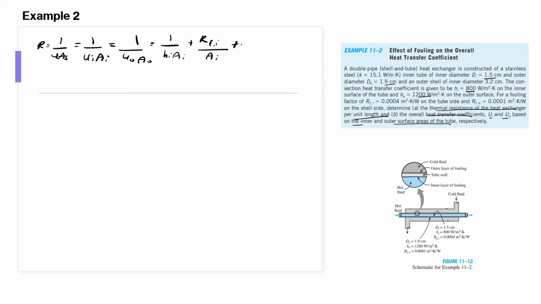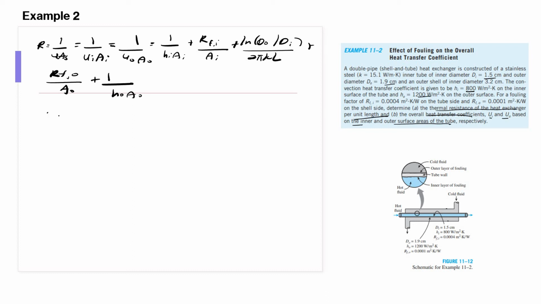So here is ln d naught over di, our heat conduction at the tube side, over 2 pi KL, plus Rf naught over A naught, plus 1 over h naught A naught. So h naught A naught is our convection part.